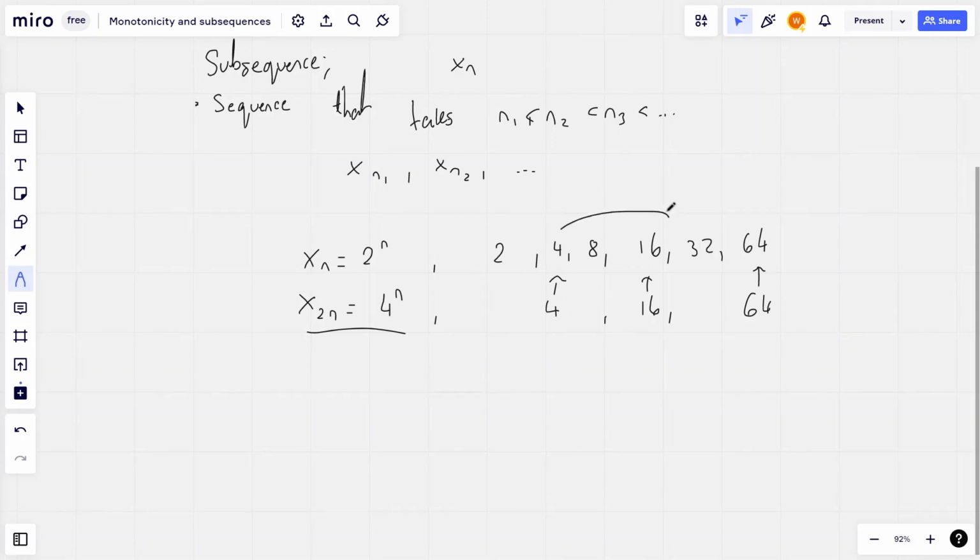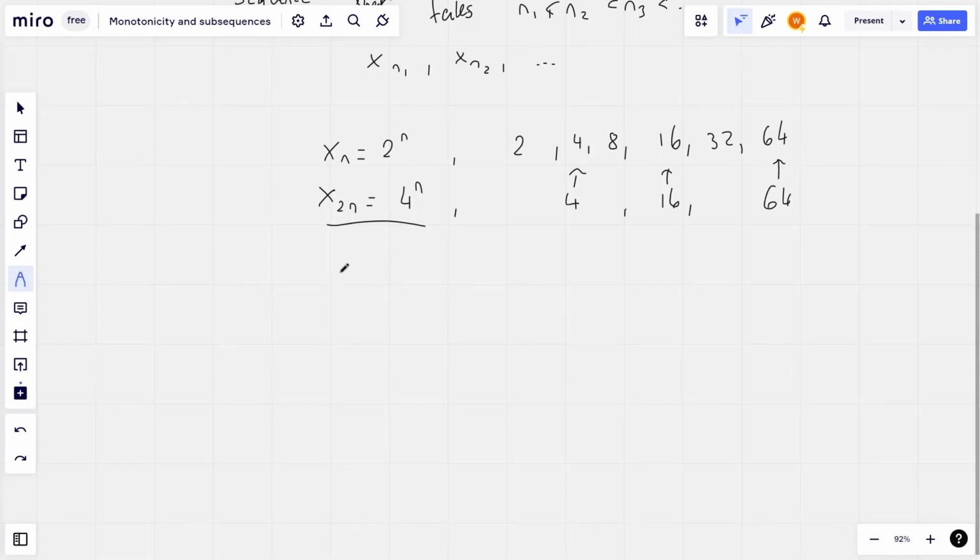increasing index term. Now, an example of something that's not a subsequence despite being a subset of the sequence from before is something like taking x of 2 plus cos pi n. That gives us x1 and then x3, then x1, and so on.